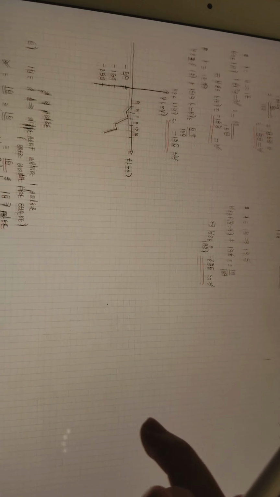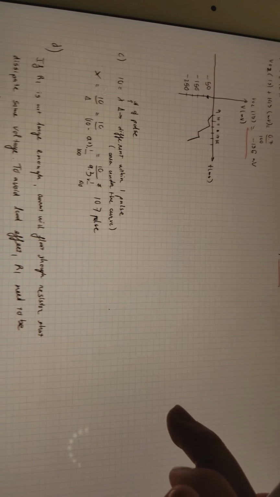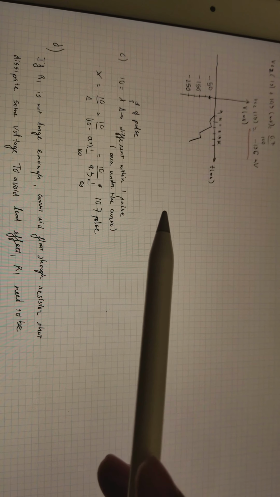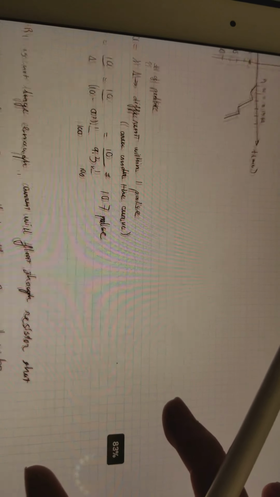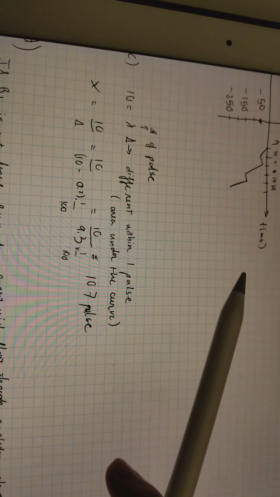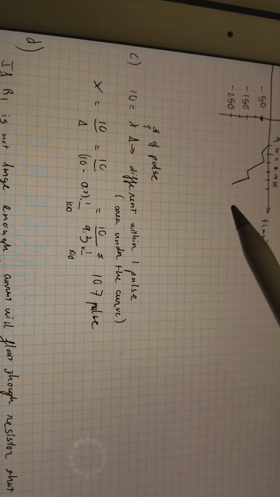For question C, the goal is to find how many pulses it takes for the circuit to reach 10 volts.